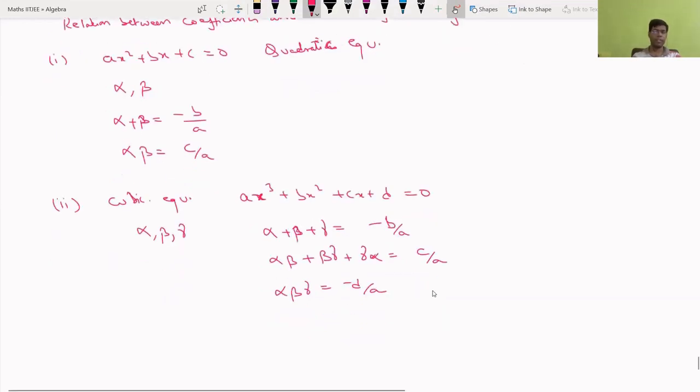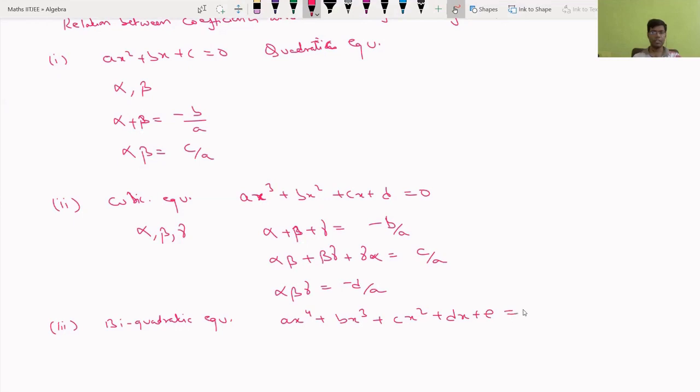Now similarly, if I have a biquadratic equation, means the maximum degree I have is 4. So this is ax power 4 plus bx cube plus cx square plus dx plus e is equal to 0.